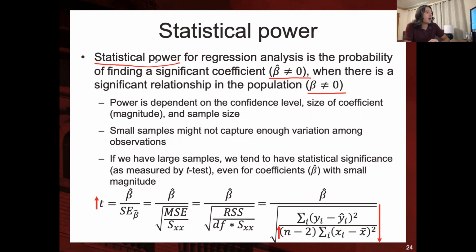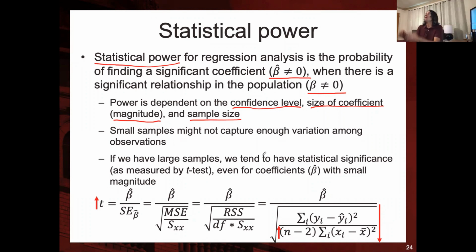The statistical power depends on the confidence level, depends on the magnitude of the effect, in other words, the size of the coefficient being estimated, and also the sample size. Because a small sample size might not capture enough variation among observations, and then I might not see a significant effect of, for example, age on income.